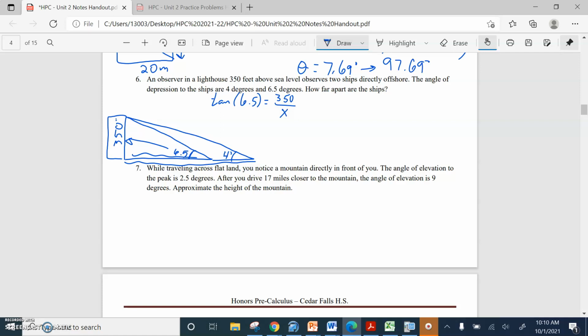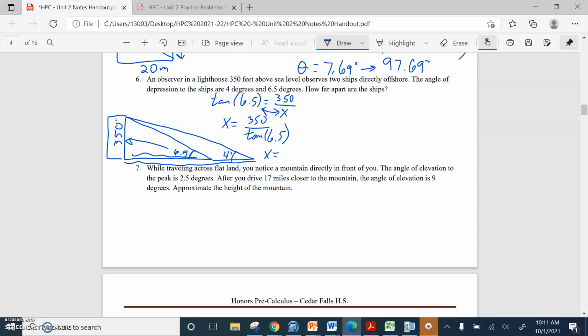In these types of problems, I've mentioned that in order to get x by itself, you can do 2 steps, or you can just understand that those 2 steps simply swap the unknown and the number on the left side. So really that's going to look like x equals 350 over tangent of 6.5.